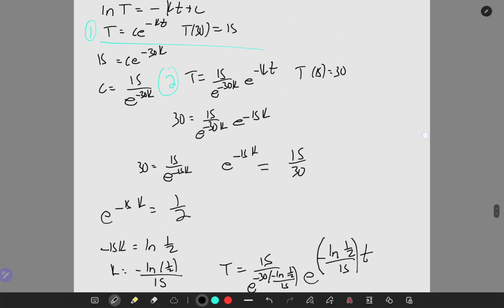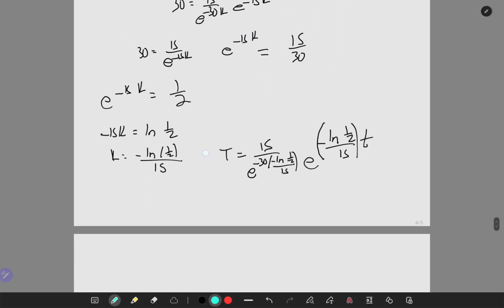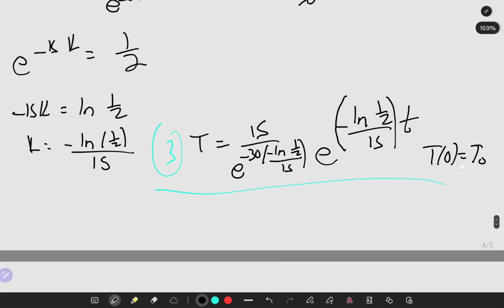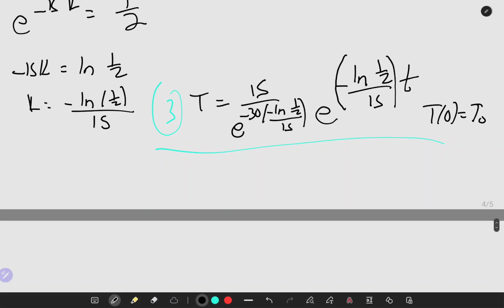And we have one final condition, right? Where T of 0 is equal to T naught. Okay, so trying to think of how I can simplify this first term. 30 over 15 is 1/2. So that's just T is equal to 15 over, and those negatives will cancel.